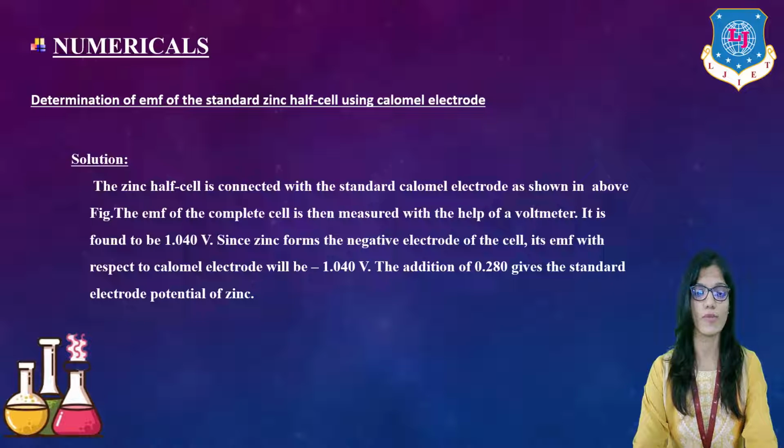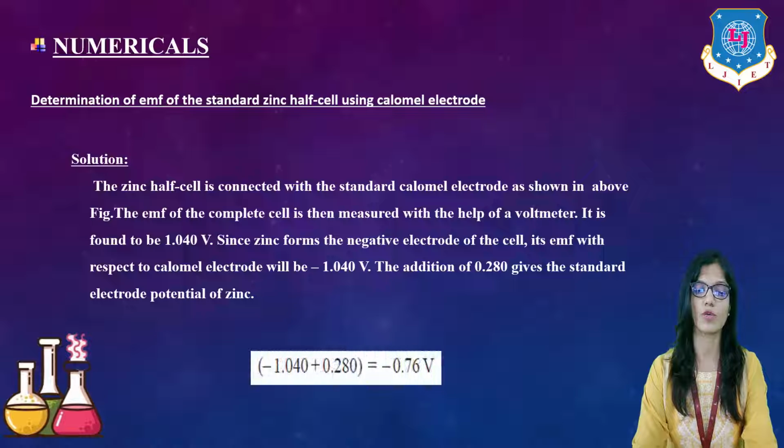Since zinc forms the negative electrode of the cell, its EMF with respect to the calomel electrode will be minus 1.040 volts. The addition of 0.280 gives the standard electrode potential of zinc. So here minus 1.040 plus 0.280 is equal to minus 0.76 volts.